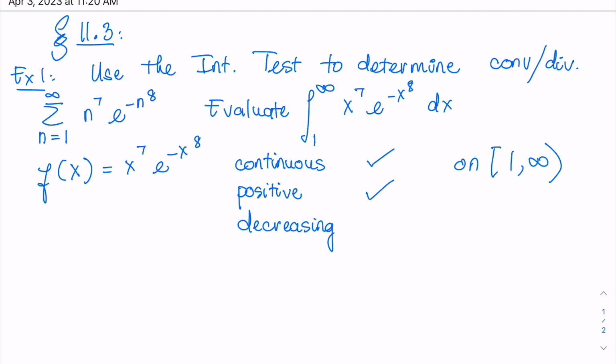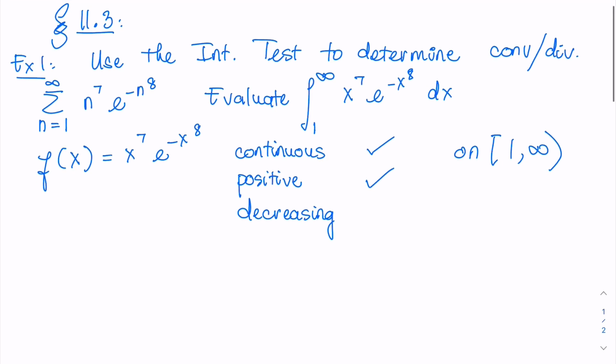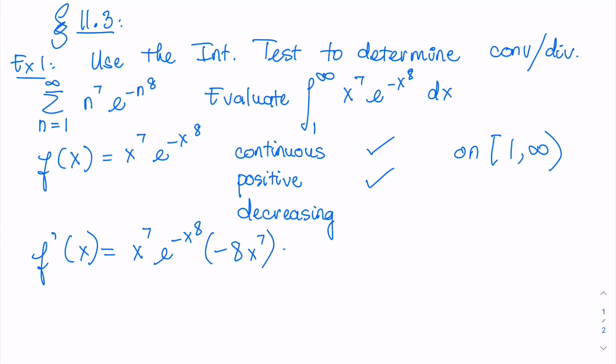The function is positive. Now for decreasing, we're going to take a look at f prime. Okay, so f prime, I'm going to use the product rule. So it's going to be x to the 7 power e to the negative x to the 8 power multiplied by negative 8x to the 7, plus e to the negative x to the 8 power times 7x to the 6 power.